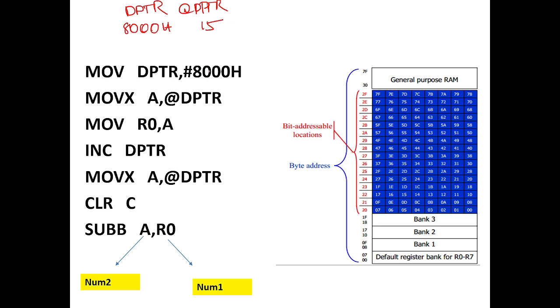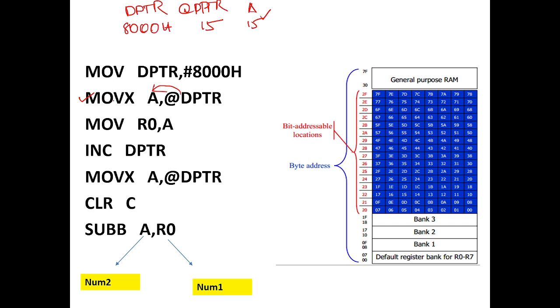That 15 has to be transferred to the accumulator. See, transfer the content at DPTR to the accumulator: MOVX. You can see here I have added the X. The reason is that when you want to transfer data between the accumulator, which is an internal location, and an external memory location, you use this type of instruction.